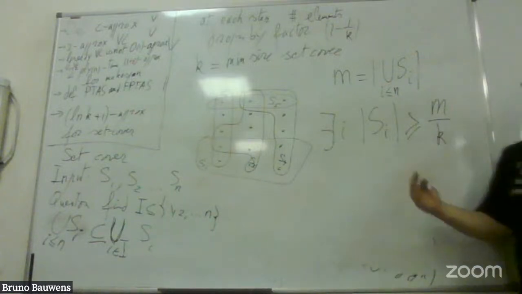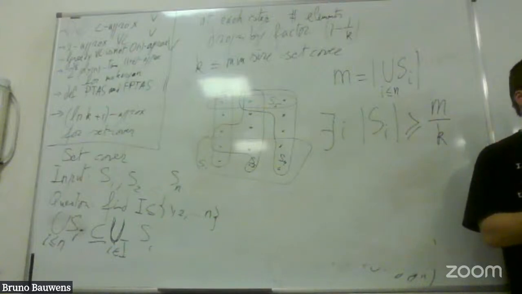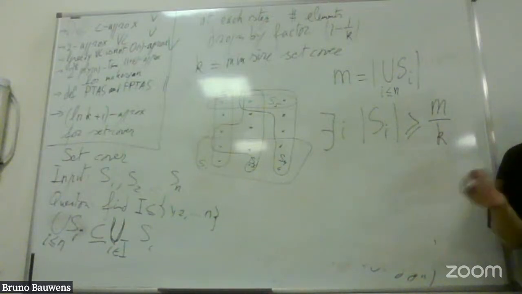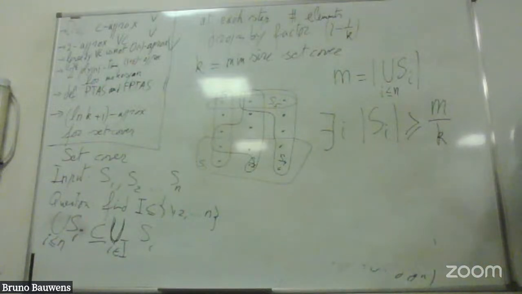But this is for the first step. For the second step, precisely the same argument works. Now we have fewer elements, but even after removing some elements, we can still cover all of the remaining ones with k sets. So one of these sets must contain at least a 1 over k fraction of the remaining elements, and then we delete it again.